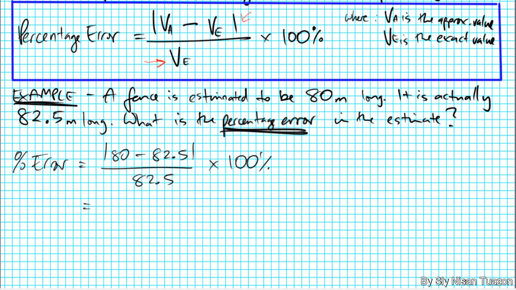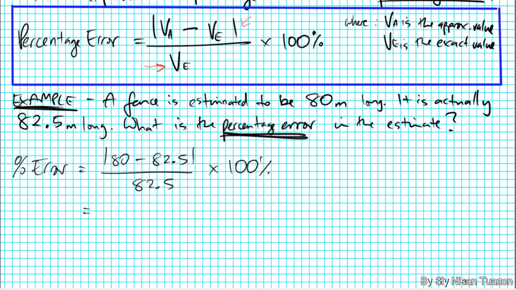We already know what the absolute error was, which is the top line, so it's going to be 2.5 over 82.5 times by 100%. And I just need to grab a calculator, so give me a second.